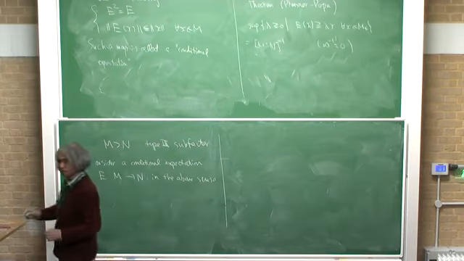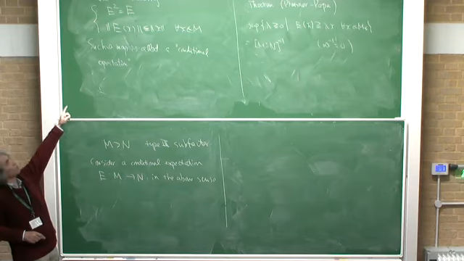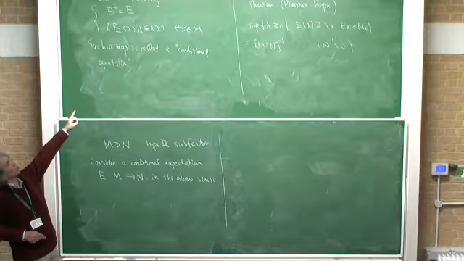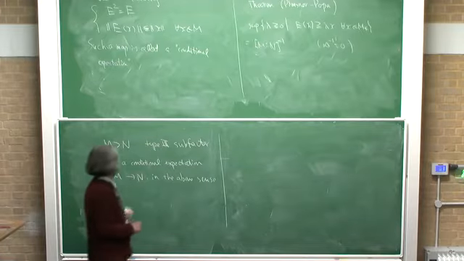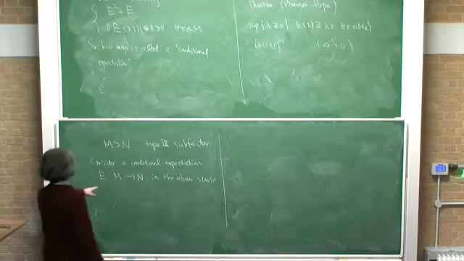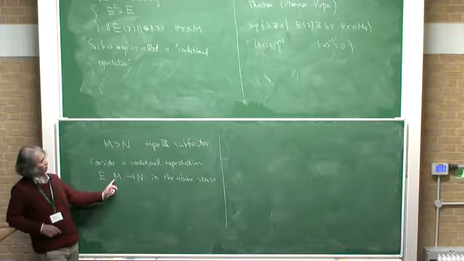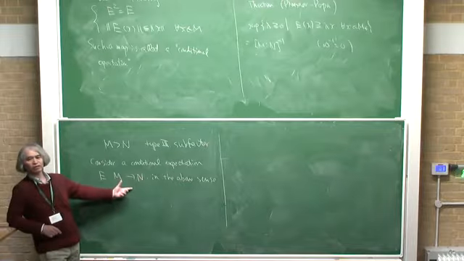The abstract definition of a conditional expectation means that we have these two properties: E squared equals E, so E is an idempotent, and also a norm 1 map. So this is an abstract definition of conditional expectation. As I said, such a map E from M onto N may or may not exist.